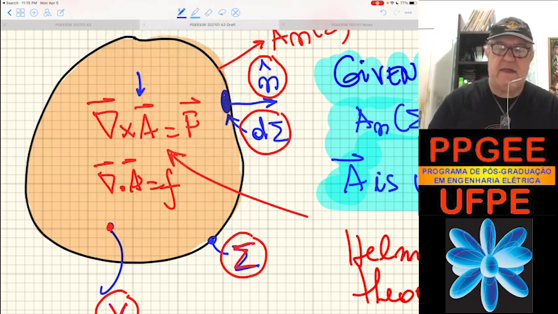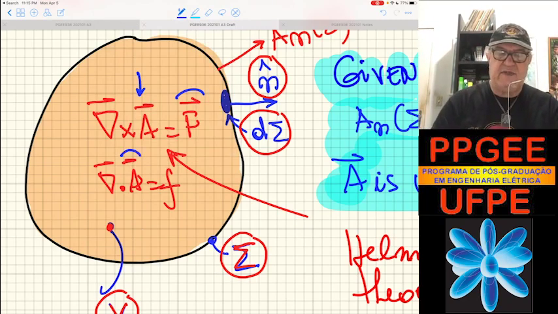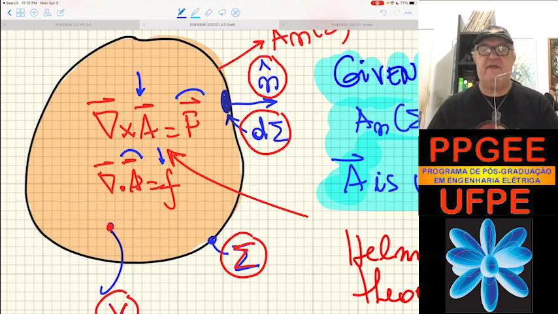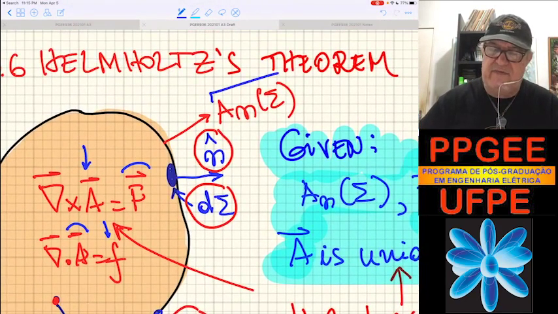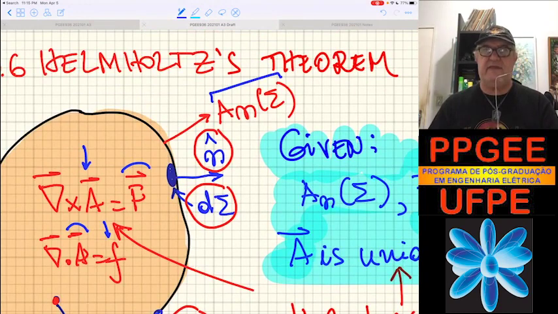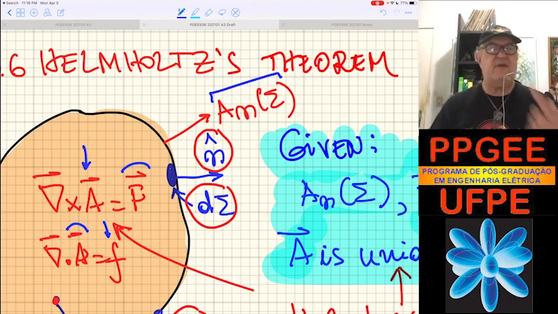If I specify the curl of A, say that it is a vector function F, and the divergence of A, which is a scalar function, if this is specified on the whole domain, in addition to the normal component of A on the surface that encloses the volume, so if I know the divergence of A, the curl of A, and the normal component of A on the boundary, I have a unique field that satisfies these three conditions. There is no second field that has that property, only one.